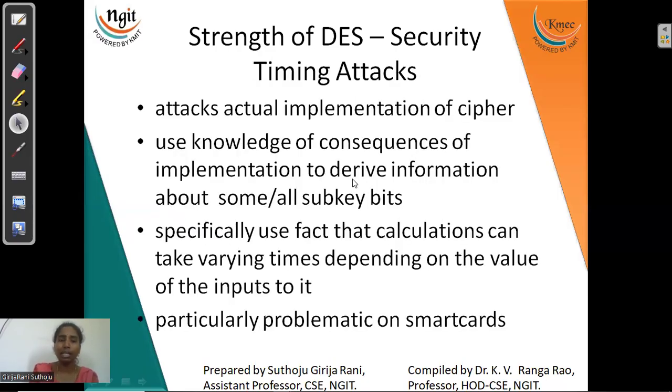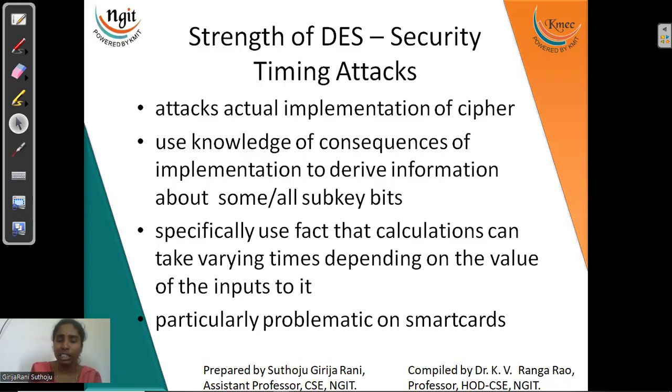Coming to the timing attacks, these depend on the calculations, where time depends on the value of the inputs. If the plain text is very vast and DES is taking only a 56-bit key, it may be deriving all its subkey combinations to understand the knowledge of consequences.